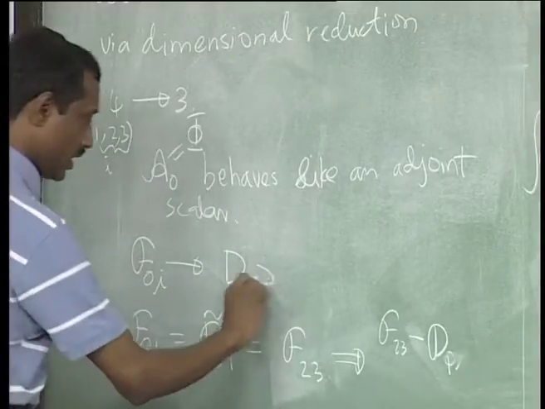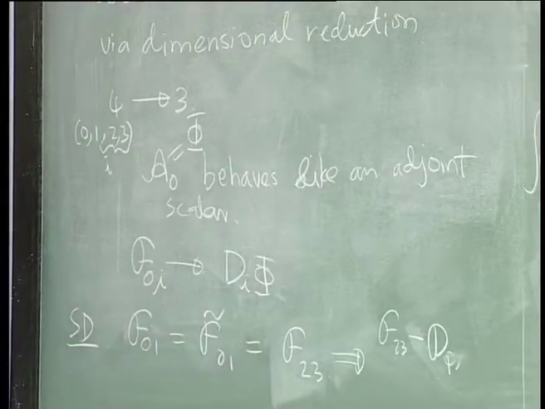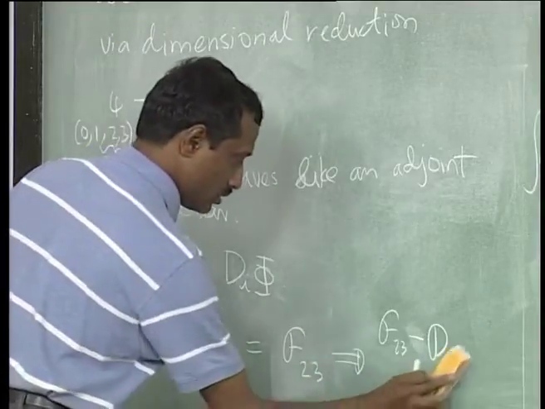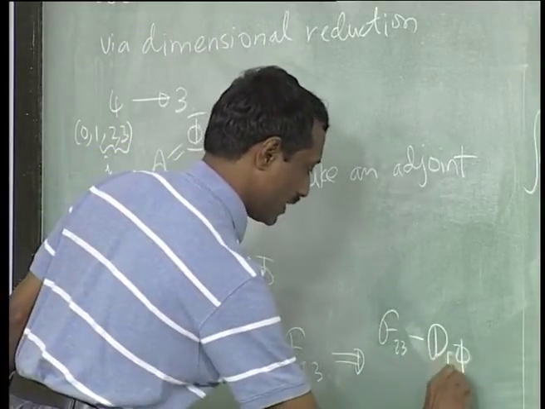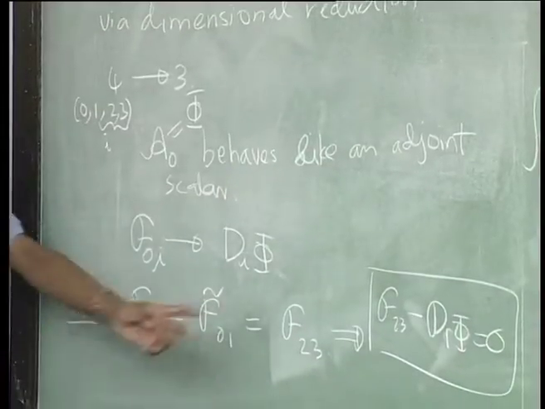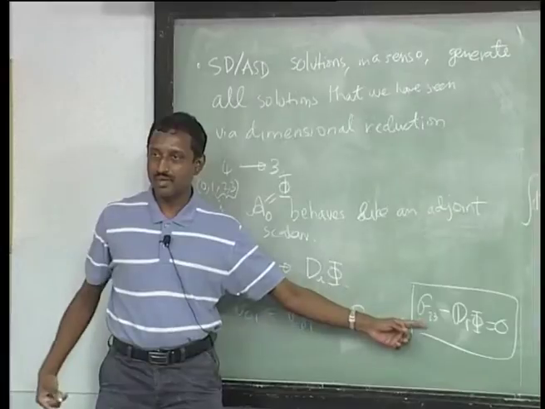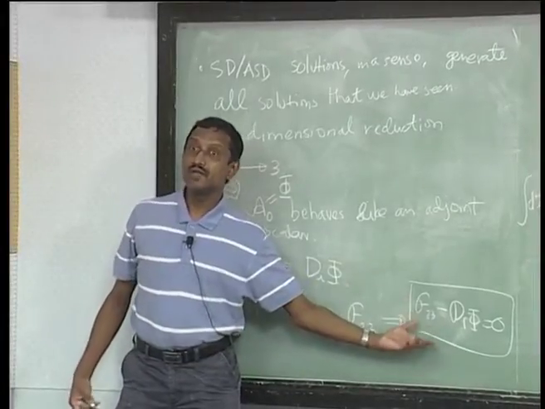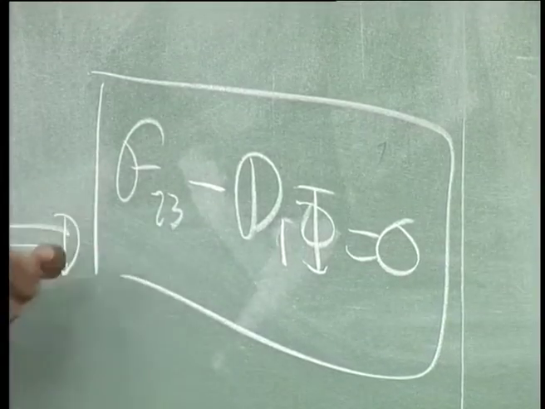So, it becomes D1 of phi equal to 0. This would be the B field. This is the equation which, in the Bogomolny limit, is exactly what we got.